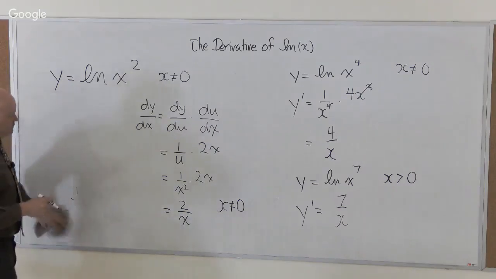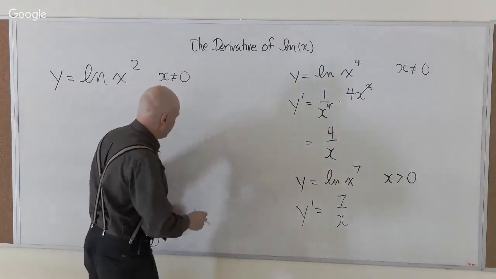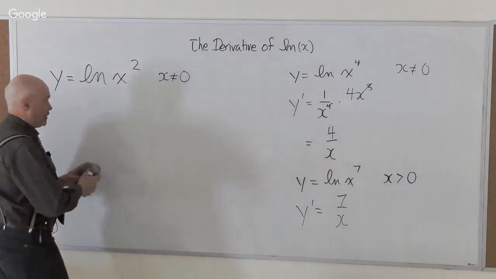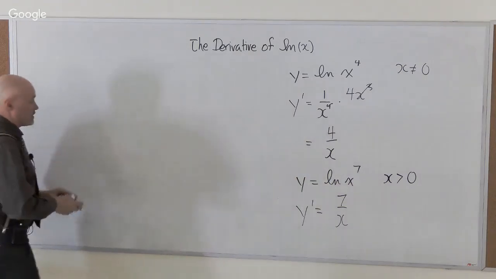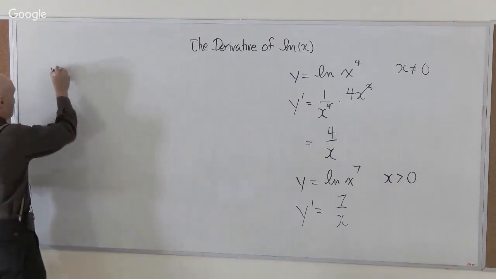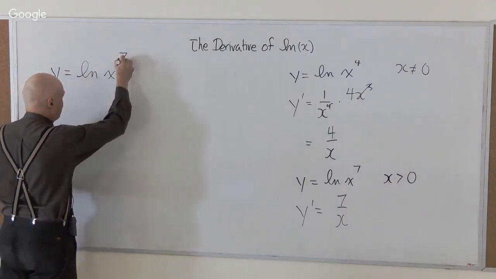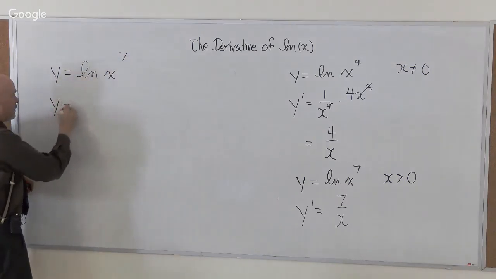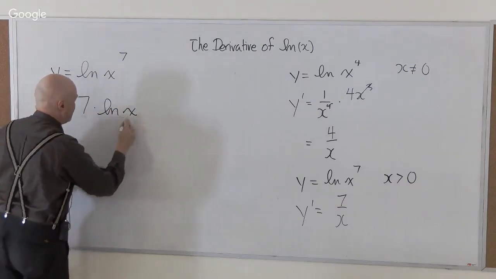The answer is no. We can actually look at this just a little bit differently. Using the power rule for logs, we can reorganize this, and you're going to see why that pattern emerges when we use the chain rule. Okay, y is equal to the natural log of x to the exponent 7. By my log rules for a power, I can rewrite this as 7 times the natural log of x.